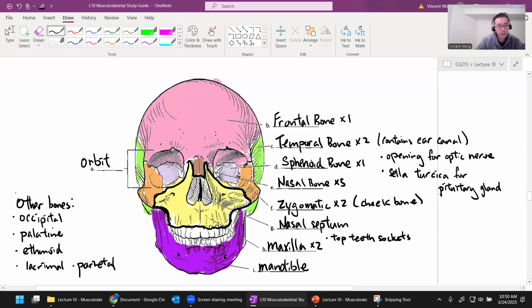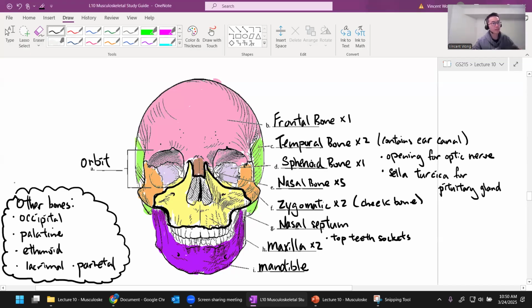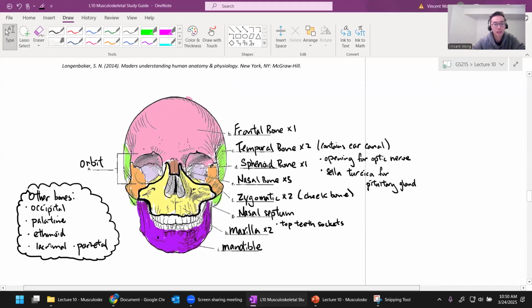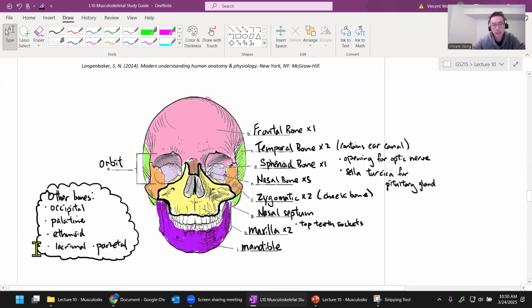Okay, so these are other bones that are not on the diagram, but you definitely should search them up. You will be able to see these on a side view, right? I don't have a side view diagram for you, but you can definitely look at it with resources on Luminate.